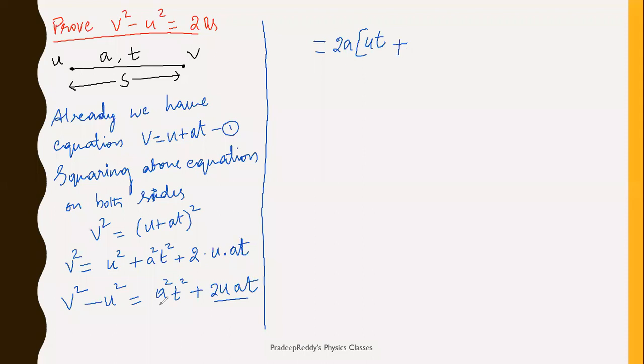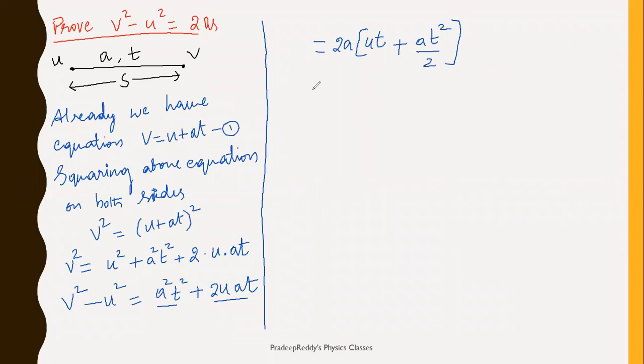plus, coming to the second term, it is a square t square, out of which a is coming out, remaining will be at square. But we have 2 here already, so you are multiplying 2 in numerator and denominator. Numerator 2 you have brought out, denominator 2 is left over here.